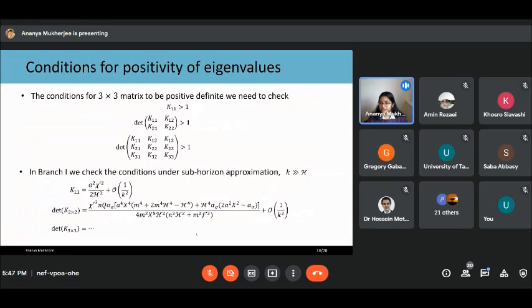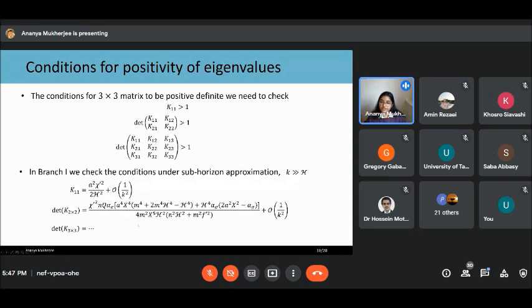So we want to check whether we have positive eigenvalues for the kinetic matrix. We are testing these three conditions. So for branch one, under the subhorizon approximation, the matrix element K11 corresponds to the eigenvalue, which is exactly the same as the comoving curvature perturbation eigenvalue from inflation, and the determinant of K22 is given by this, and we are still trying to.